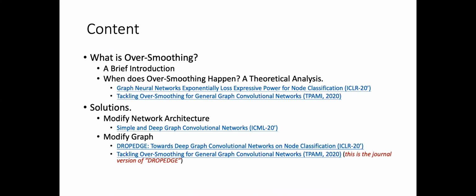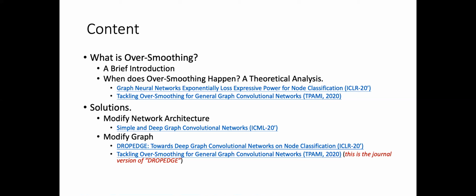So first we discussed what the oversmoothing problem is. The oversmoothing problem says that when the network goes deep, the nodes are mixed together and become even more indistinguishable than with a shallow network. And regarding when it happens, we have three different kinds of understanding. First, the GCN with a linear activation will converge to a certain point.